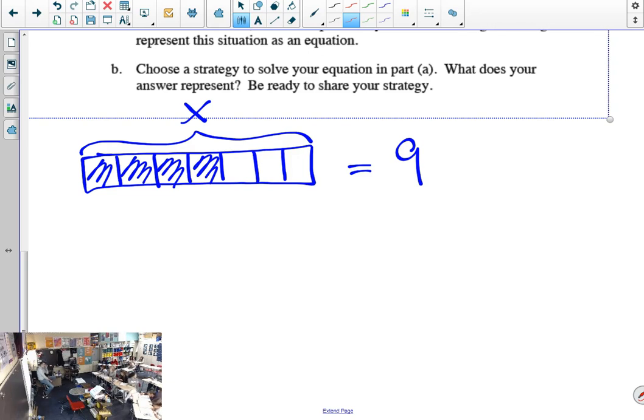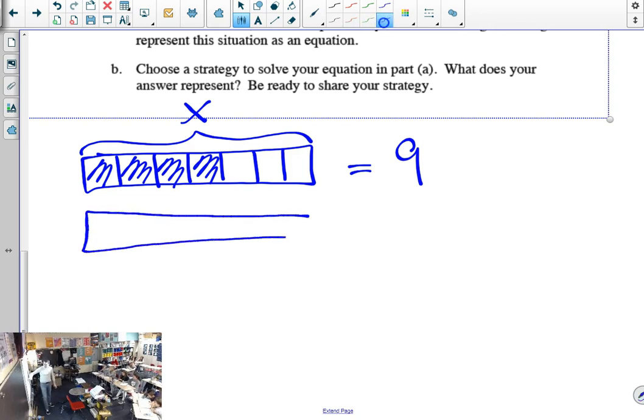Not of 9. It equals 9. But 4 sevens. Liam, how many people in total? So, if I didn't split up the box, what does this big box represent then? Everyone, the whole student group, right?